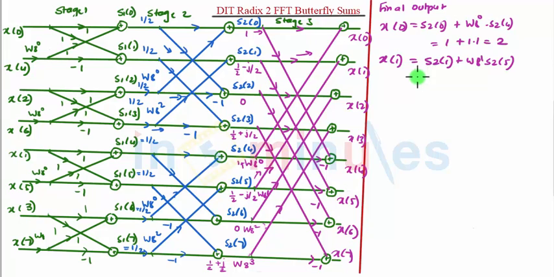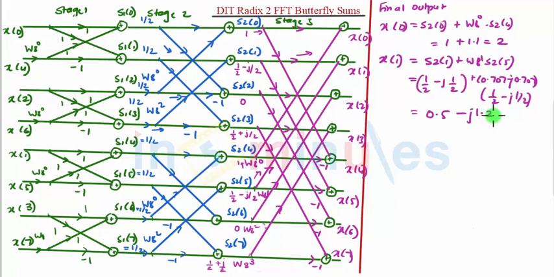Now here s2 of 1 is half minus j half, and W raised to 1 is 0.707 minus j 0.707. Again this term multiplied by half minus j half. It finally comes out to be 0.5, that is half, minus j 1.207.